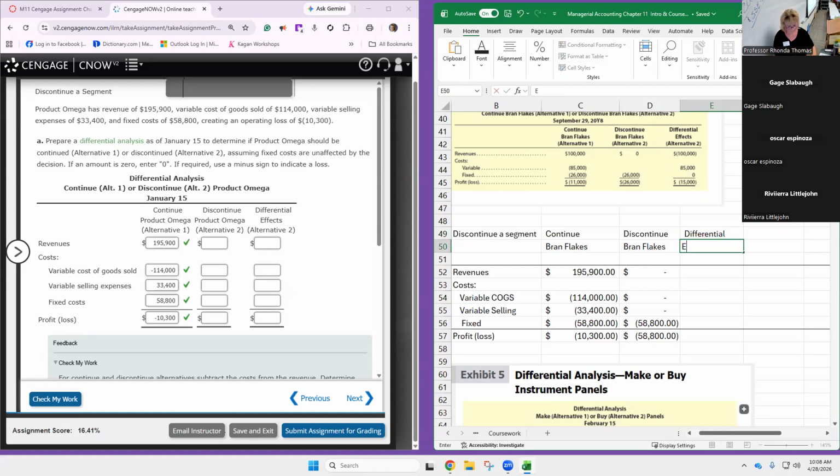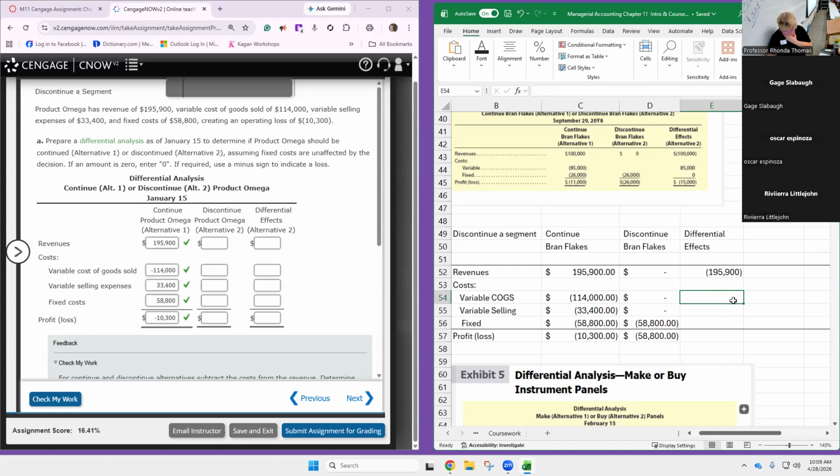So if we take 0 and subtract 195,900, we've just lost that much revenue, right? So this is going to go in as a negative. That's how much revenue we've lost if we discontinue it.